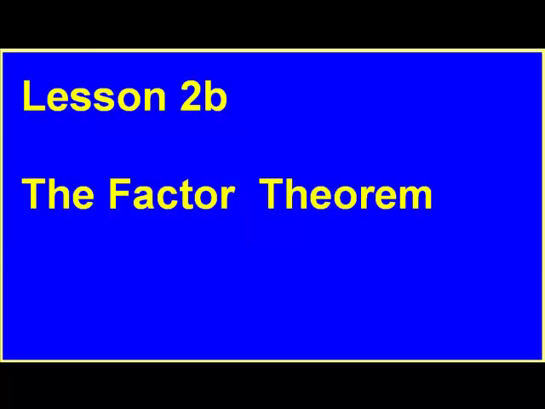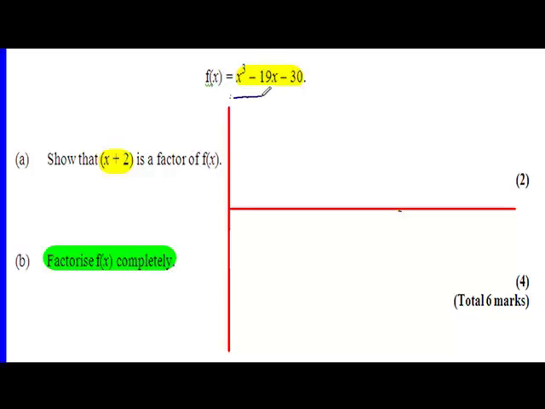In today's podcast, I'm looking at the factor theorem. We're asked to show that x plus 2 is a factor of the cubic equation. So here, f of minus 2 is minus 8 plus 38 take away 30, which is the same as 38 take away 38.